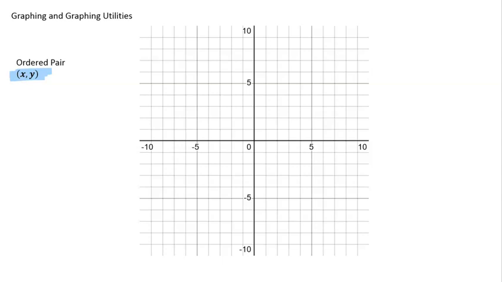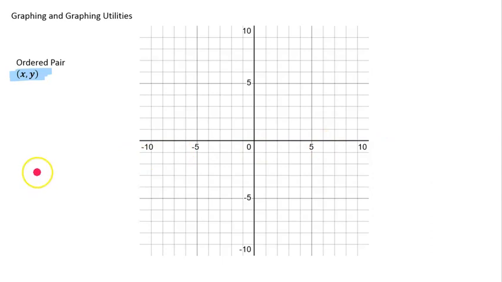So this ordered pair is made of two coordinates, an x and a y. The reason we call it an ordered pair rather than just a pair is because the order matters. The first value in this ordered pair is always going to represent the horizontal axis, and the second value in the ordered pair is always going to represent the vertical axis.